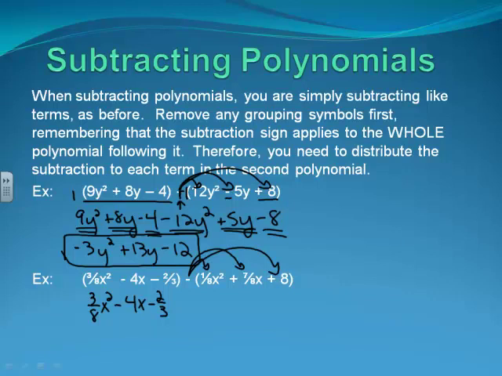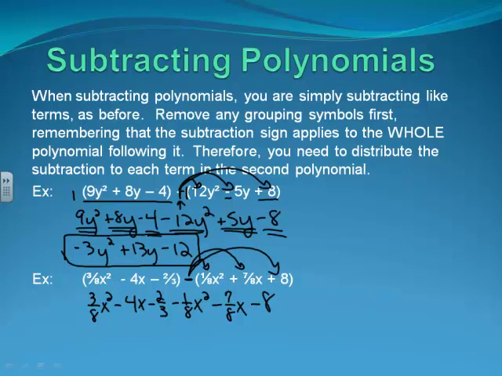In the second group, though, you have to change the sign of everything, because minus a positive 1/8 x squared is minus 1/8 x squared, minus a positive 7/8 is minus 7/8 x, and minus a positive 8 is minus 8. Notice that the sign changed for each term in that second group.